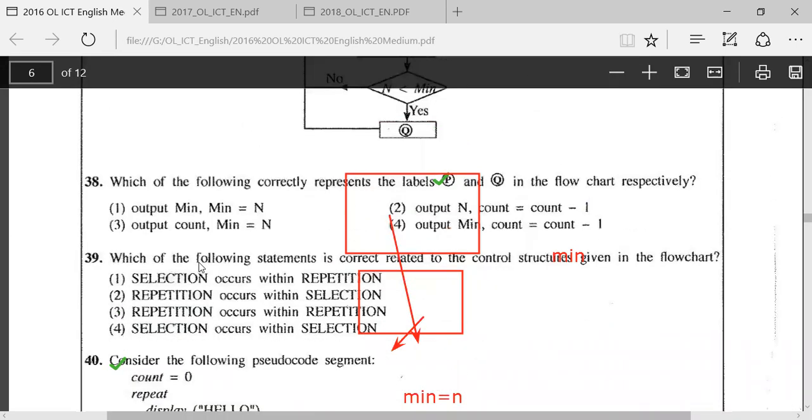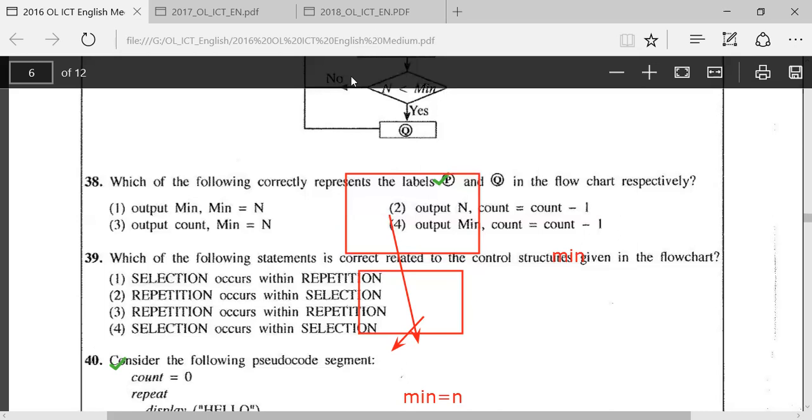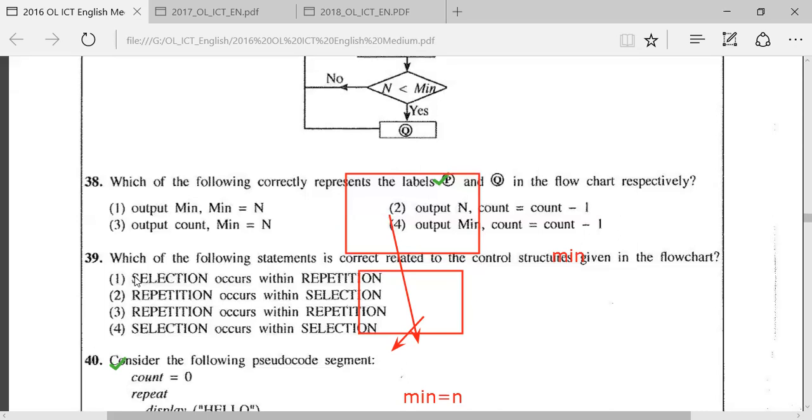So here, selection occurs within repetition. So within the repetition, selection occurs. So the 39th question, the answer is the first option.